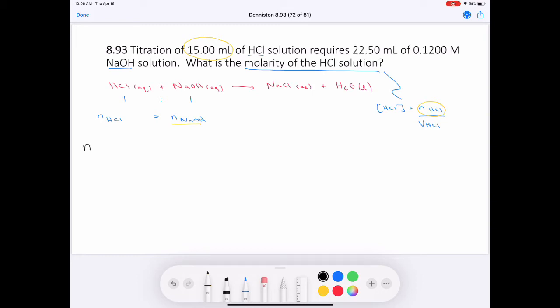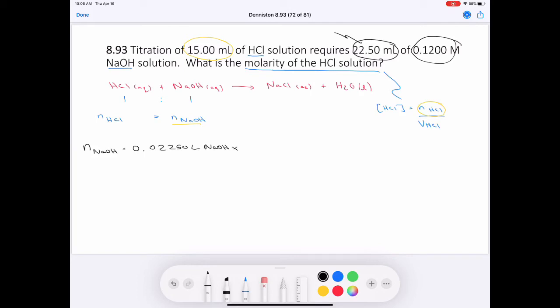The number of moles of my sodium hydroxide is going to be equal to the volume of my sodium hydroxide multiplied by the concentration. Let's convert the volume of sodium hydroxide into liters. And the way we'll do that is by dividing by 1,000. So I'm just going to do that in my head, and I'll get 0.02250 liters of sodium hydroxide.